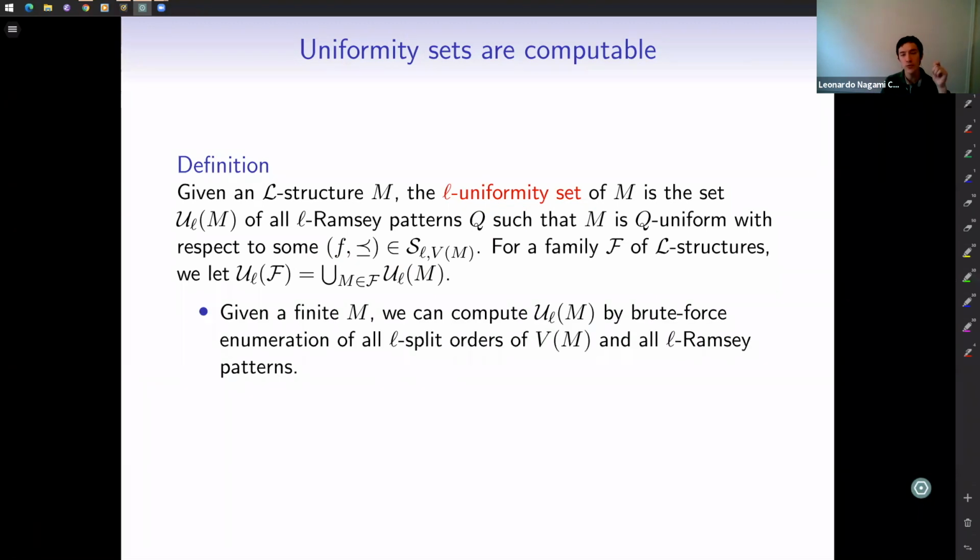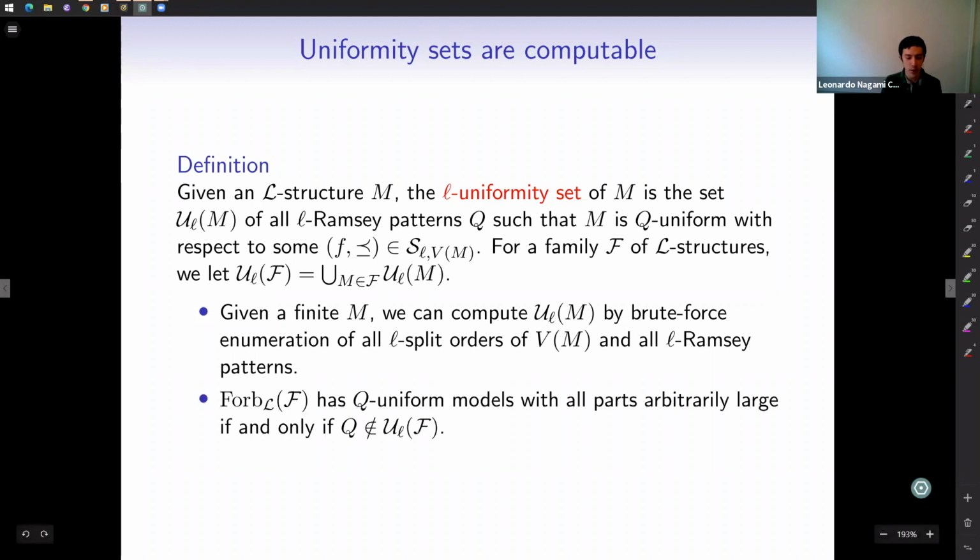First, if I give you some structure M, it's easy to compute this uniformity set. Well, easy, not efficiently, but you can compute it with an algorithm. Because all you have to do is enumerate all possible split orderings, enumerate all possible patterns, and check whether it's actually uniform. Right? So this thing is computable, and it's very important for us.